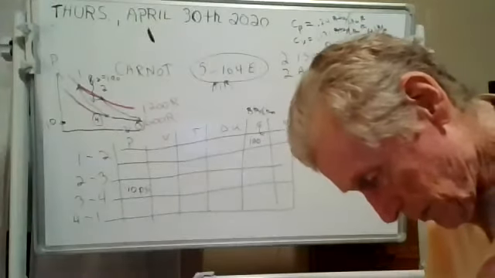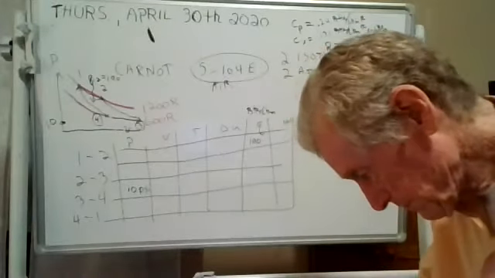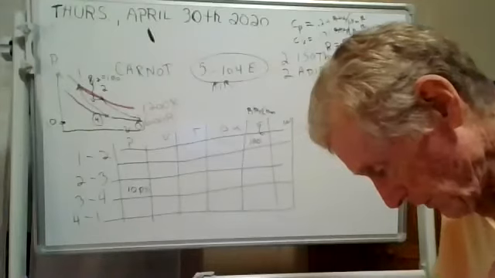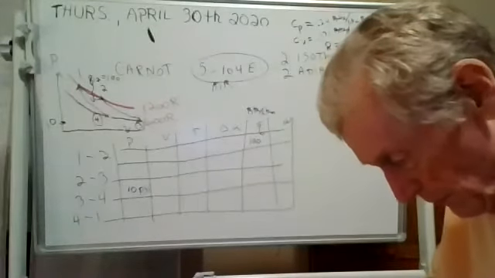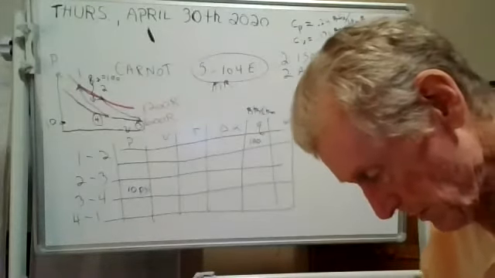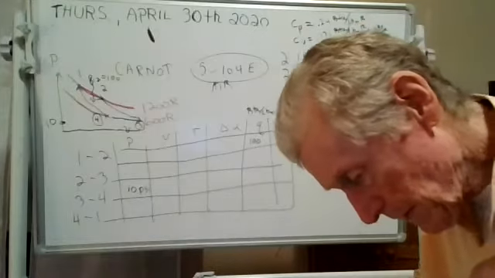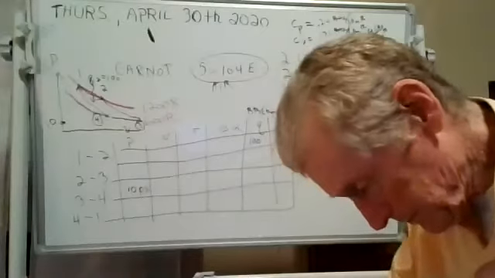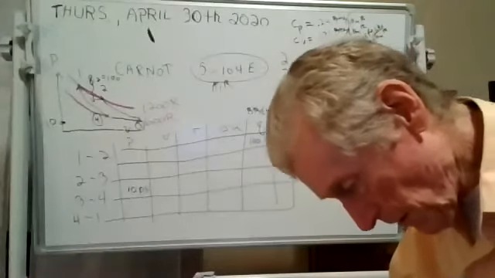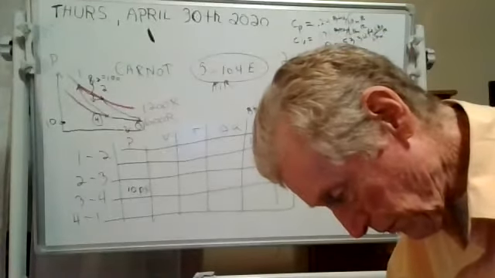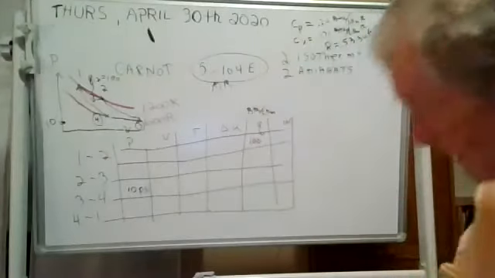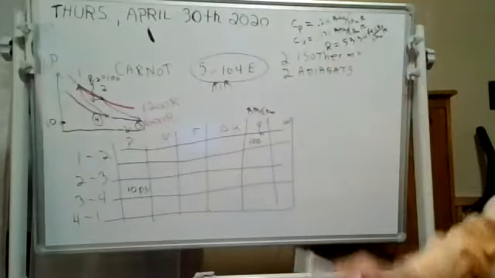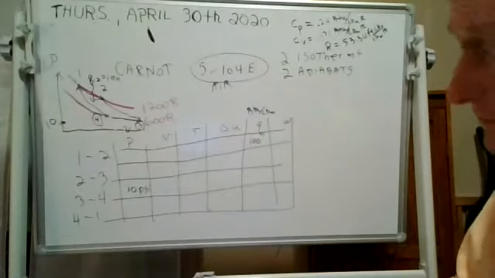And for air, it's got to be in English. Air, 5334 foot-pounds force per pound mass Rankine. Yeah. Okay, I got all that stuff right. Good.